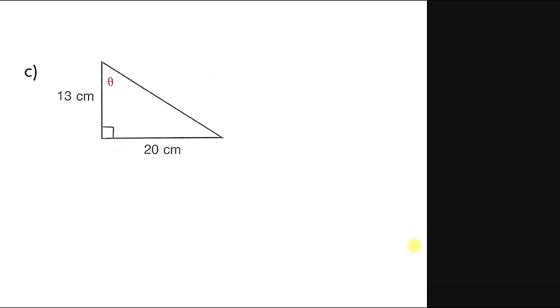Given our reference angle, here are the labels. Relative to our reference angle, we're shown the opposite and the adjacent, which tells us that we'll be using the tangent ratio. Therefore, the tangent of theta will equal 20 over 13. Theta by itself will then equal the inverse tangent of 20 over 13.